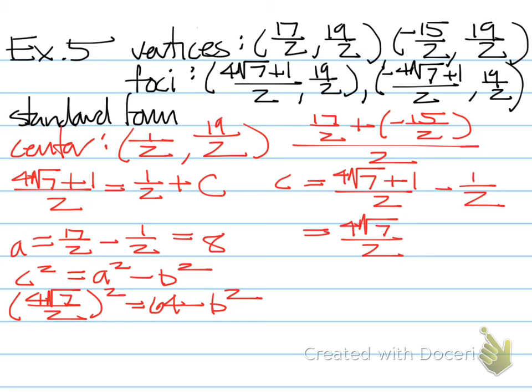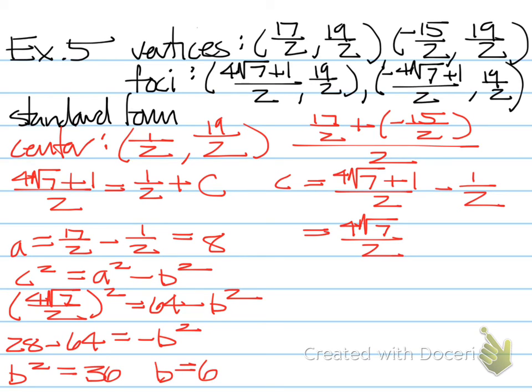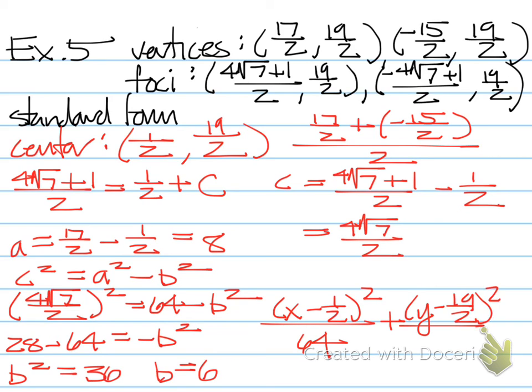So if we plug in 4 root 7 over 2 for C, plug in 8 for A, we can calculate B, which is going to be the square root of 36 or 6. So that means that x minus 1/2 squared over 64 plus y minus 19 over 2 squared over 36 equals 1. That will be our equation of the ellipse in standard form.